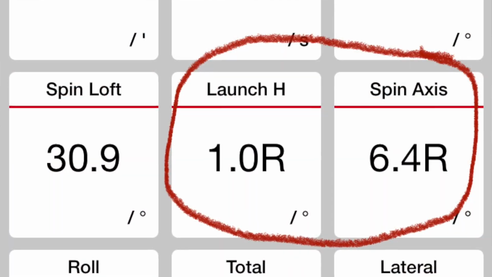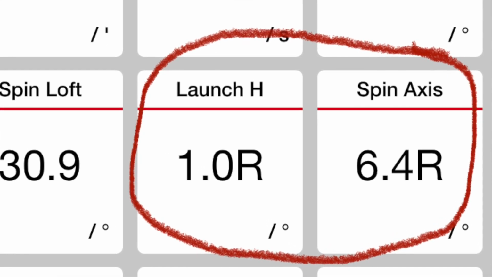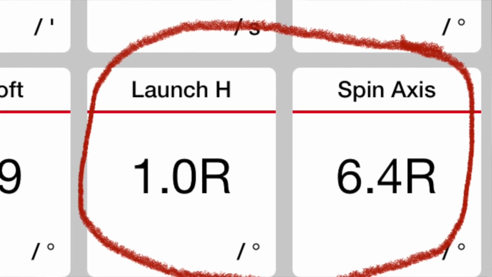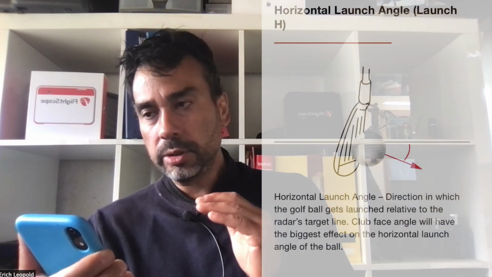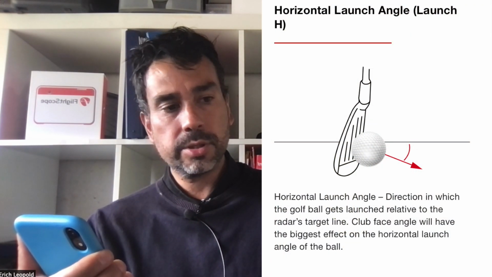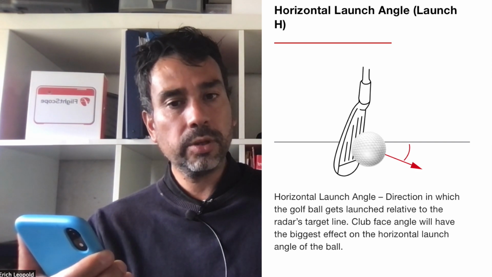Two parameters that a lot of people don't know about are the spin axis, and the other one is the launch horizontal. And these two parameters are correlated with club path. Basically, the horizontal launch measures where the ball starts.